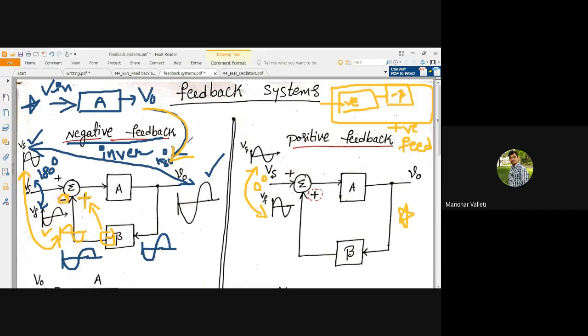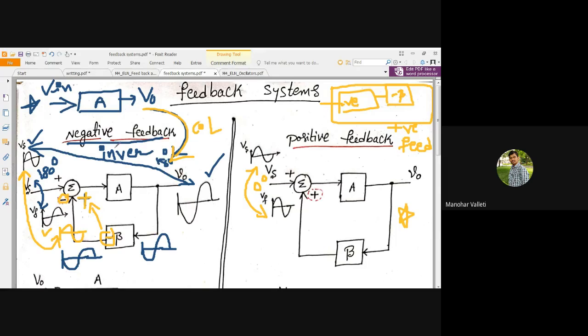If you employ positive feedback in an amplifier, that makes the gain unstable again. That's why in a closed loop system I applied only negative feedback to get the stable gain. Then that amplifier becomes a closed loop amplifier.